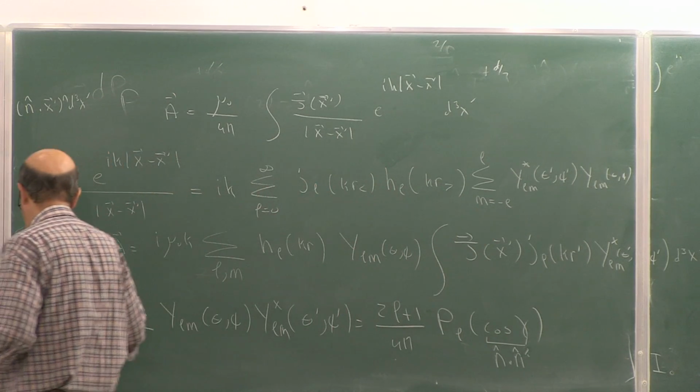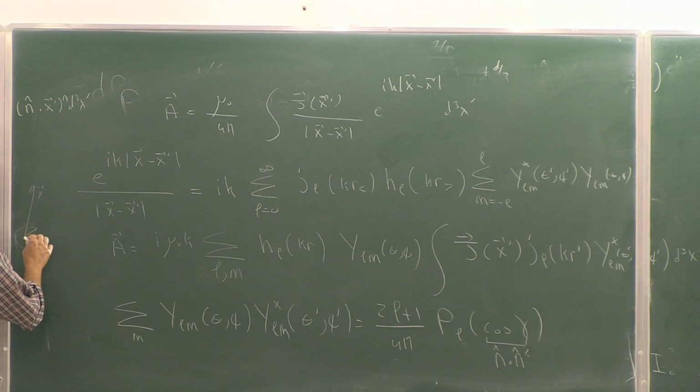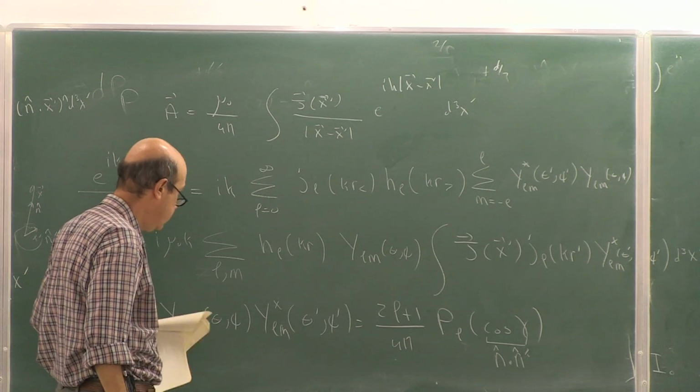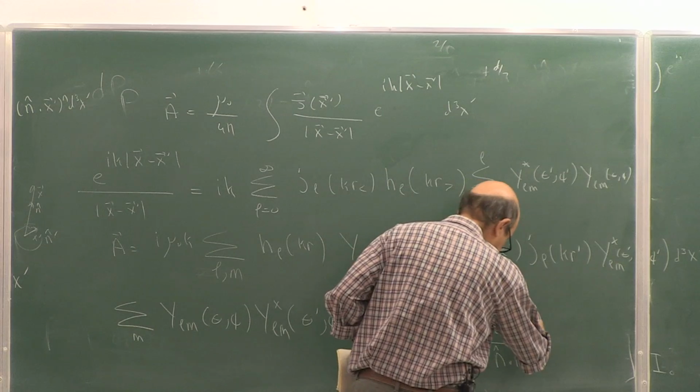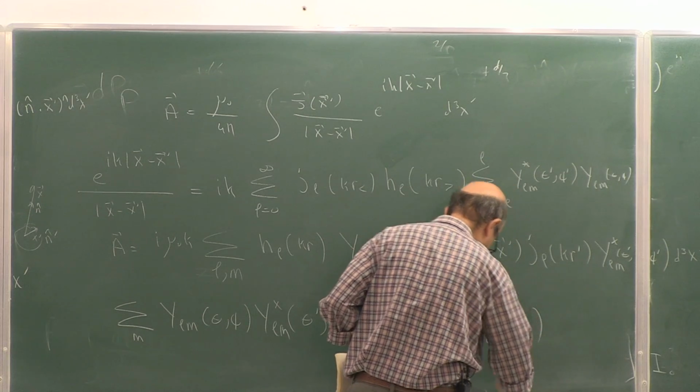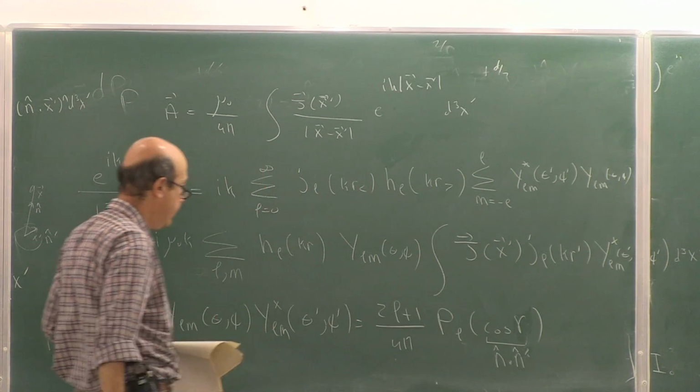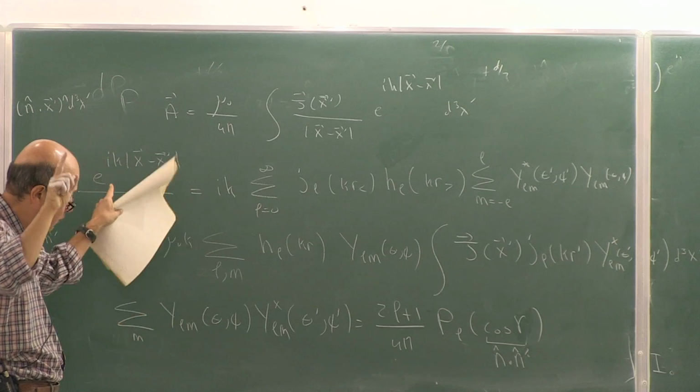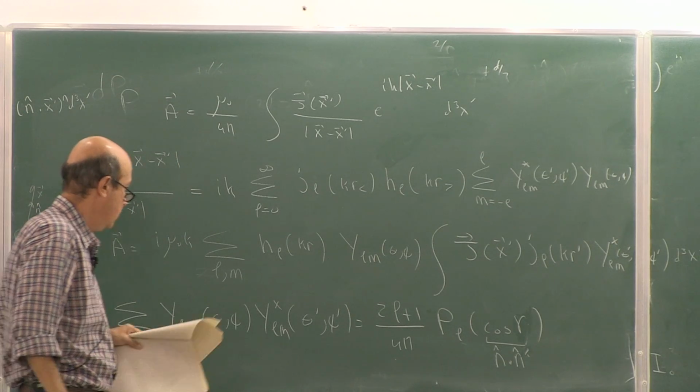So if you have two vectors, what are these two vectors? x prime is along n prime, x is along n. The angle between them is given by n dot n prime. So this is another tool that you know from the first part. Gamma is, let's say, the angle between the source and the point of interest.